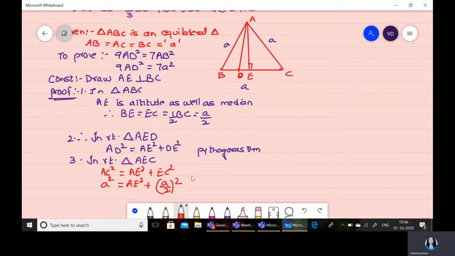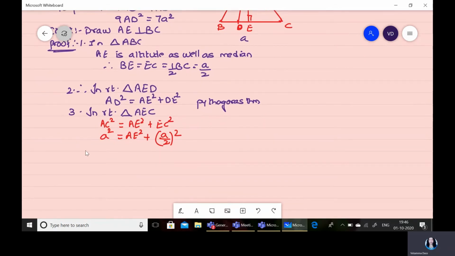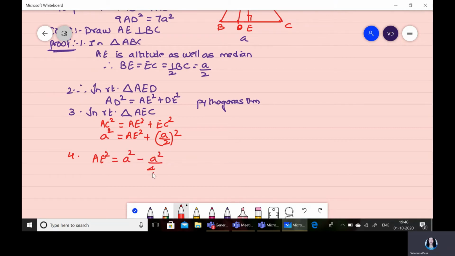So students, here we can write, therefore this term will go this side. So here we will get AE square equals to A square minus A upon 2 the whole square, that is 4. So A upon 2 the whole square will go this way. So A square minus A square upon 4. So here when we take LCM, here 1.